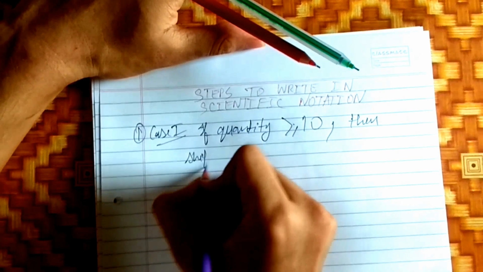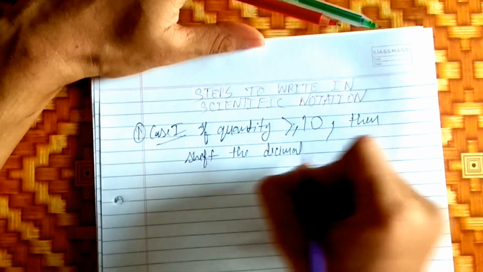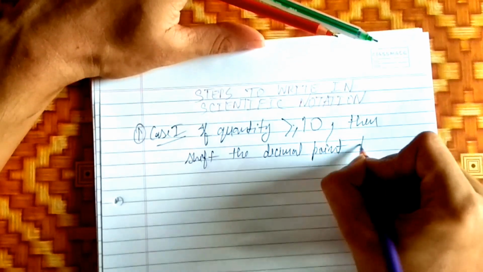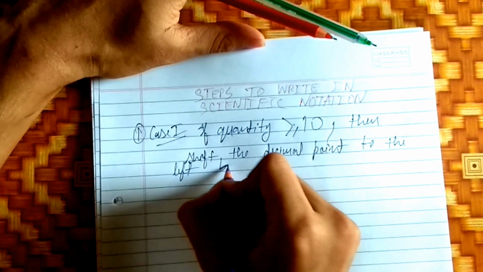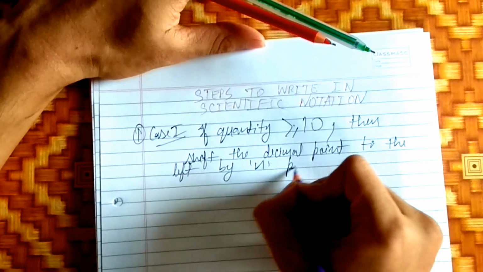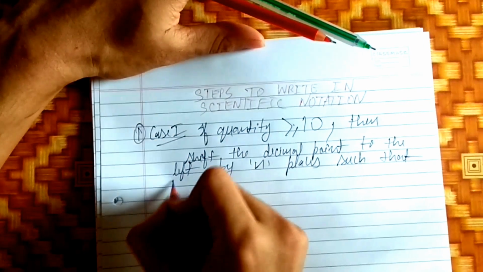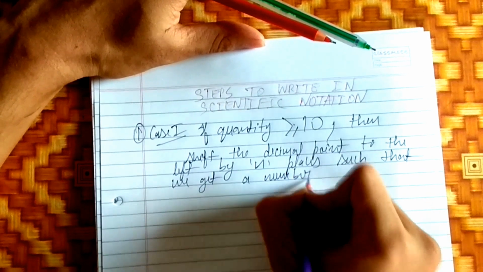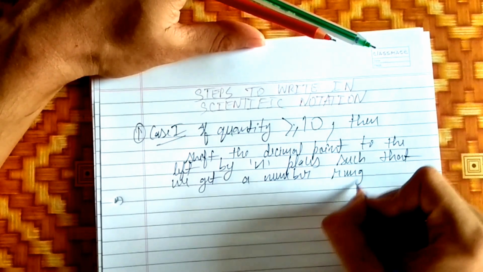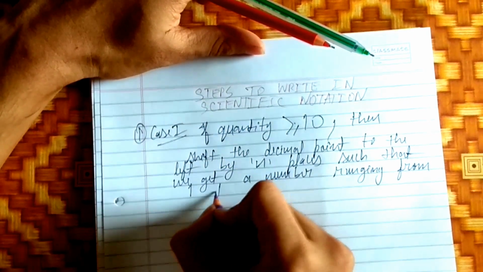shift the decimal point to the left by n places such that we get a number ranging from 1 to 9.9, basically between 1 and 10.